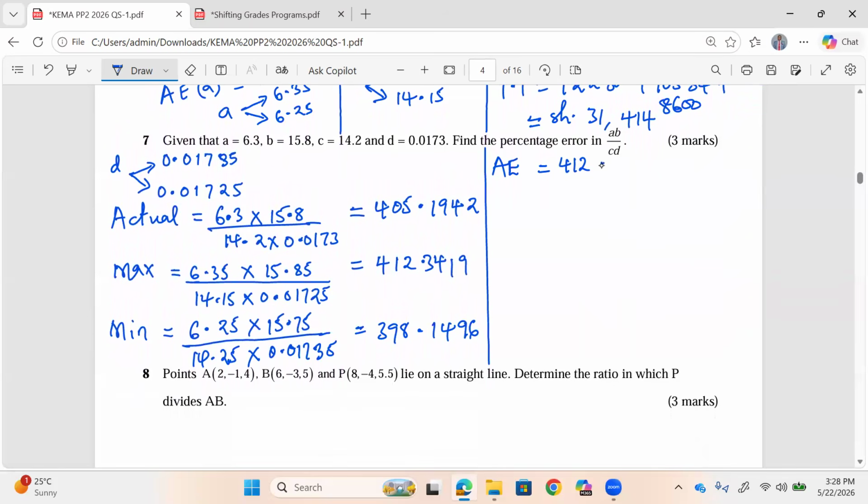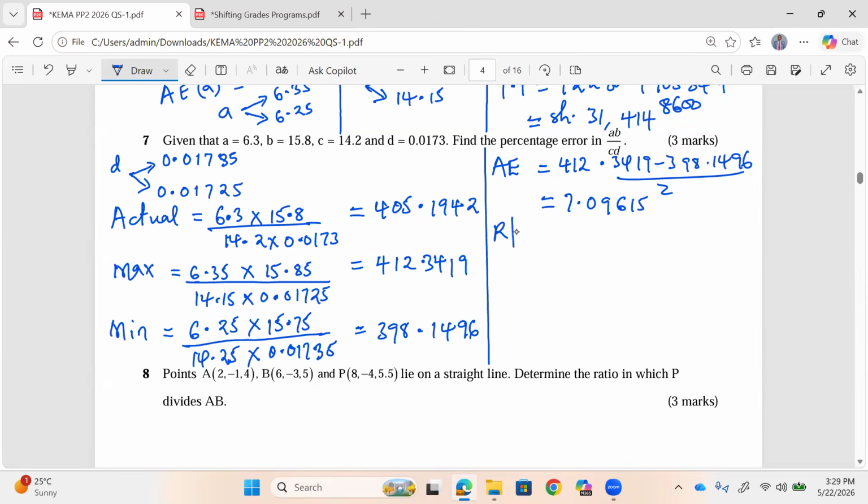Maximum minus minimum, where the minimum is 398.1496, and we divide this by 2. So I'm picking 412.3419 minus 398.1496 out of 2. This is 7.09615. So we have the absolute error.